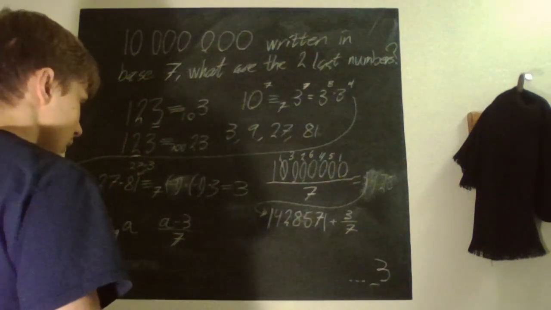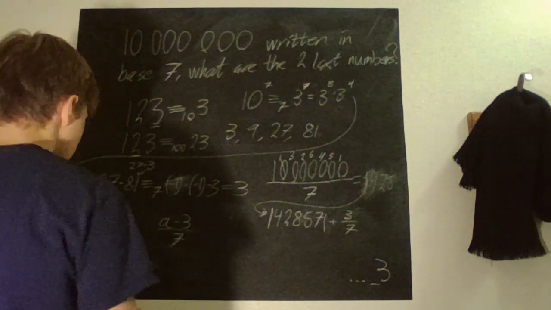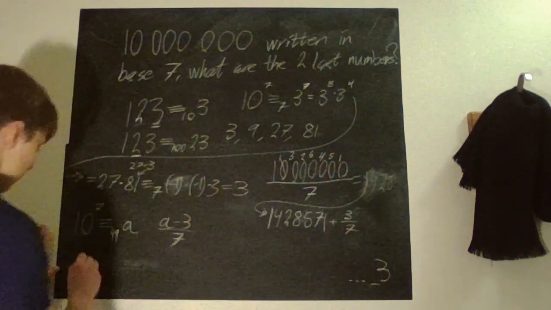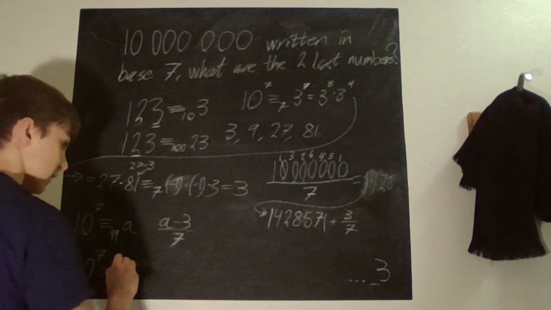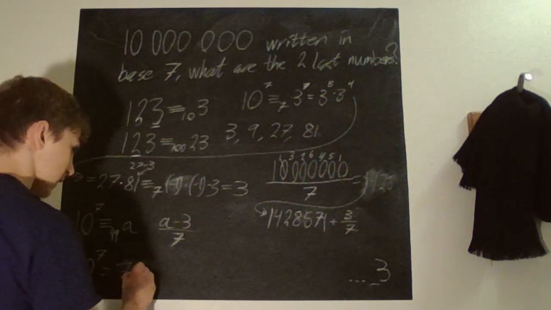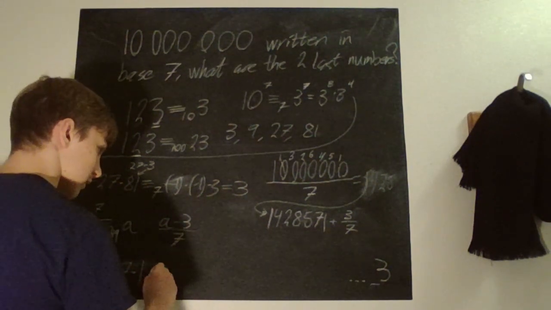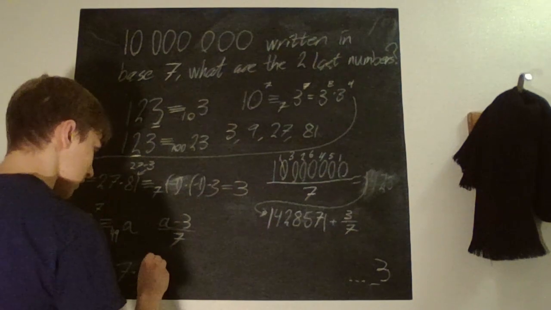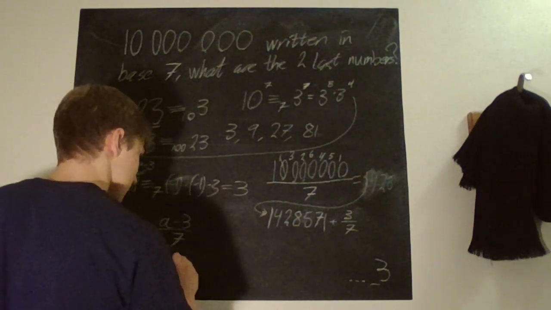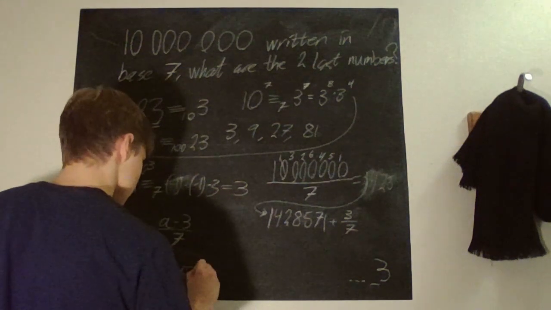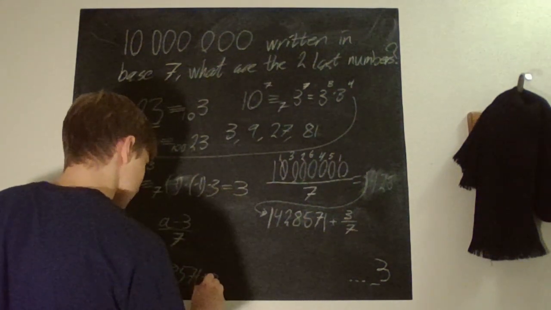Now we know that 10 to the power of 7 is equal to 7 times, 140, no sorry, 1,428,571 plus 3.